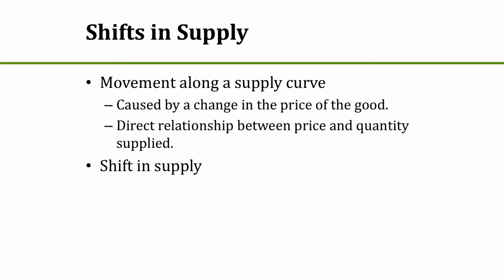We will only move on that specific supply curve. So we know from the law of supply there's a direct relationship between the price and the quantity. That's why when the price increases, the quantity supplied will increase. So we will move on the same supply curve, but only the point where we are will change.